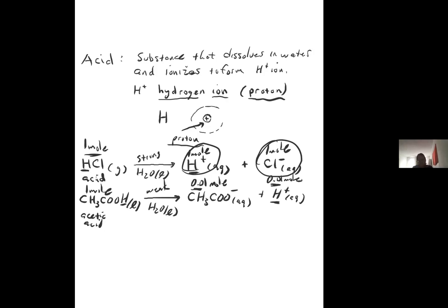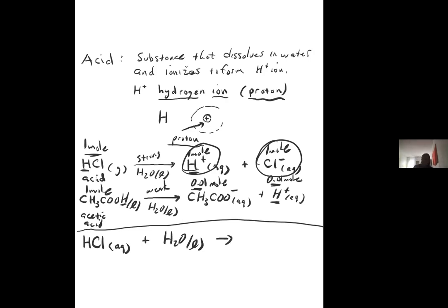That's one definition. Another definition of an acid is it's something that if you put it in water, it reacts with the water. So it's actually a reactant. It's not just dissolving in water, it's actually reacting with the water, and it is transferring the H plus. The hydrogen is actually getting pushed onto the water. So you lose the hydrogen ion on the chloride, so it's now all by itself.